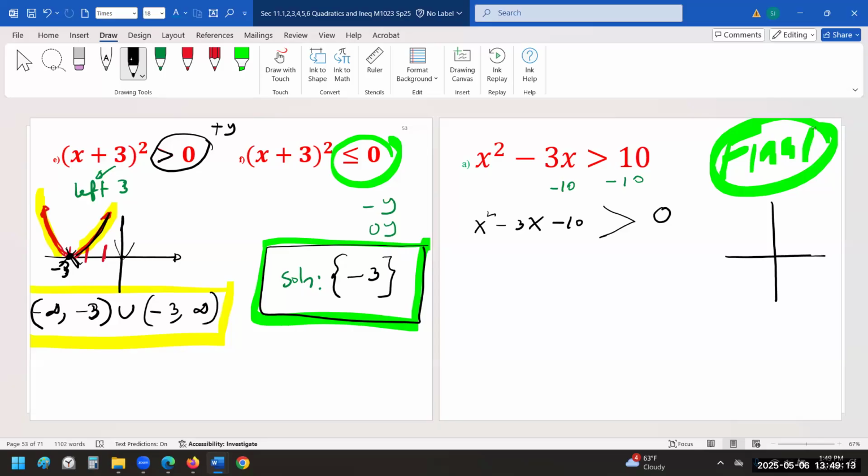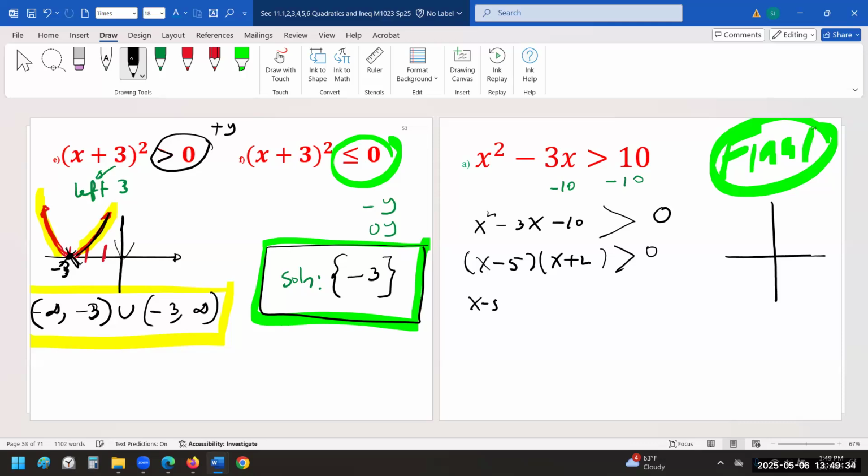Factoring. So which two numbers multiply to negative 10 and combine to negative 3? Negative 5 and positive 2. So to find the x-intercept, we set y to be 0, right?